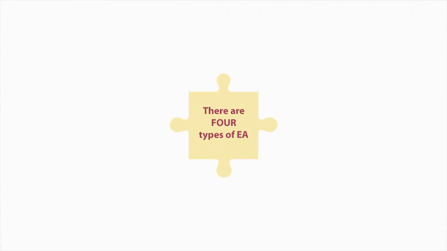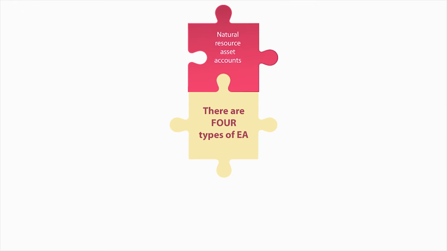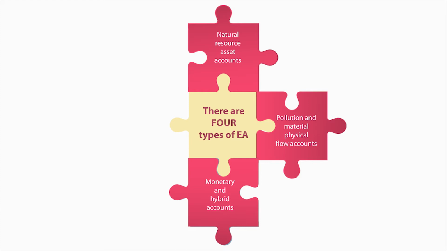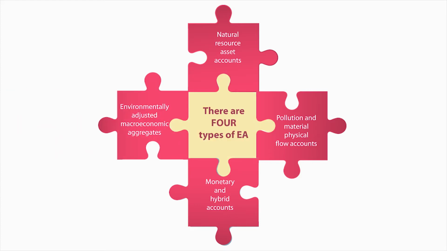According to the International Organization of Supreme Audit Institutions, or in short INTOSAI, in year 2010, there are 4 types of EA: natural resource asset accounts, pollution and material physical flow accounts, monetary and hybrid accounts, and environmentally adjusted macroeconomic aggregates. Let us go through one by one.